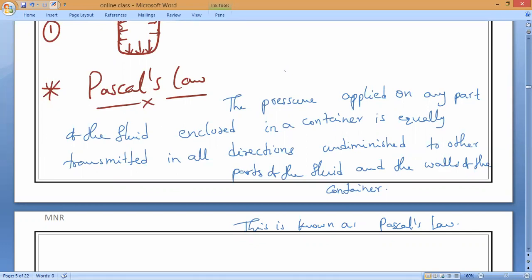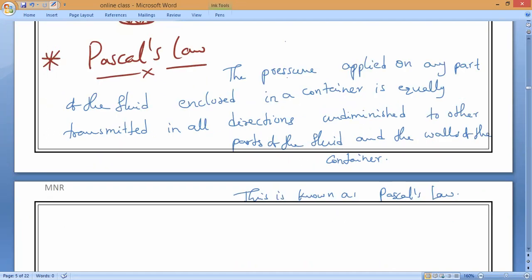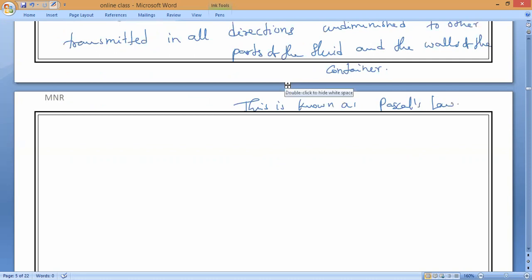Then, the pressure exerted by a fluid at a given point inside the fluid, how to calculate it, what is the formula, everything we'll study now, the derivation. Once it is over, please keep the heading: pressure exerted by a fluid at a point inside the fluid. Please join back, all of you, so that the derivation is very easy for you to understand.